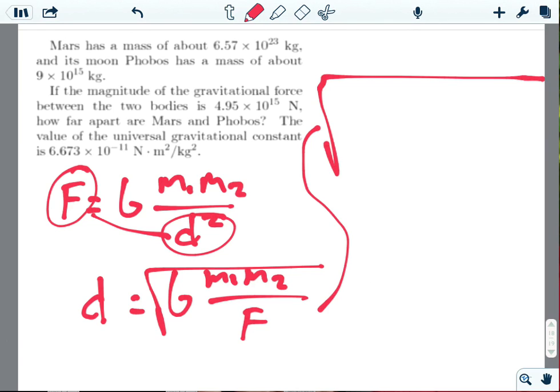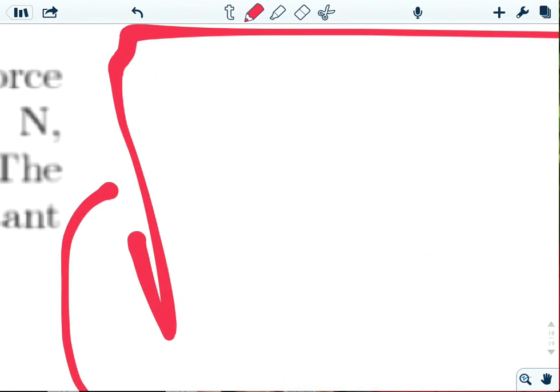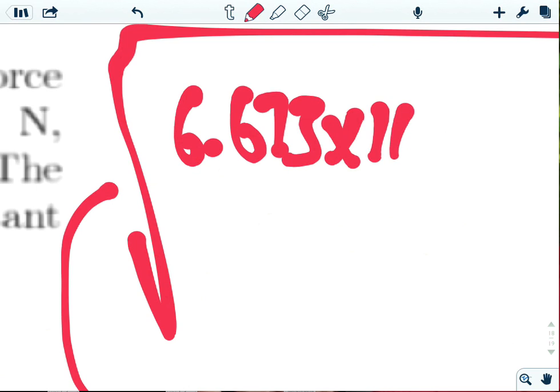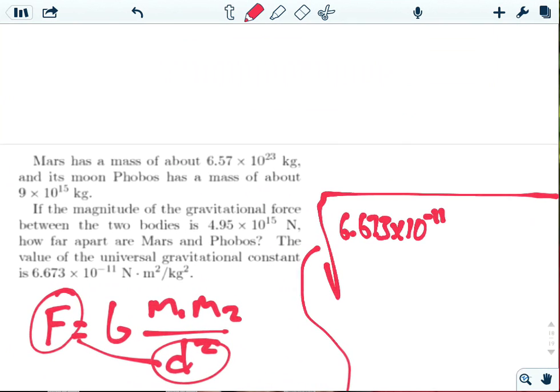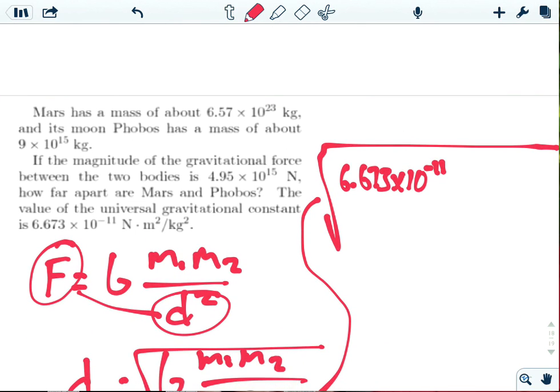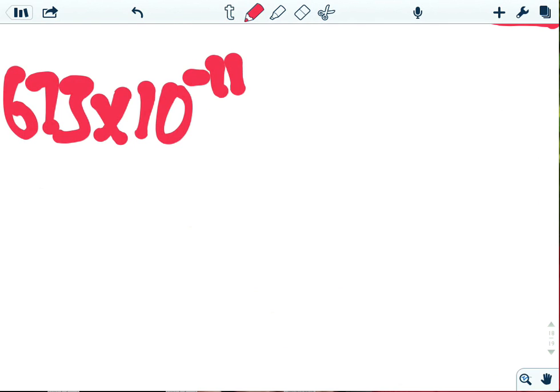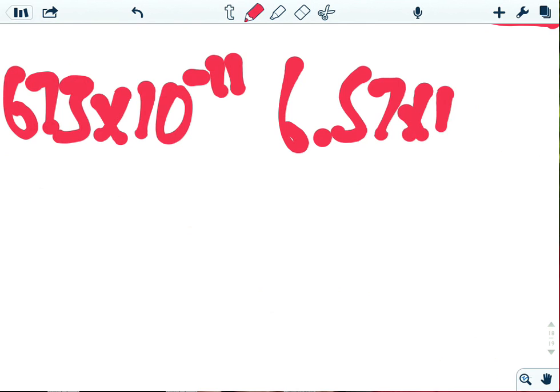So first we have our universal gravitational constant. We use the number that it gives us, 6.673 times 10 to the negative 11th. Now we take our first mass, and it doesn't matter which order you put them in, but we'll put the first one first: 6.57 times 10 to the 23rd kilograms.